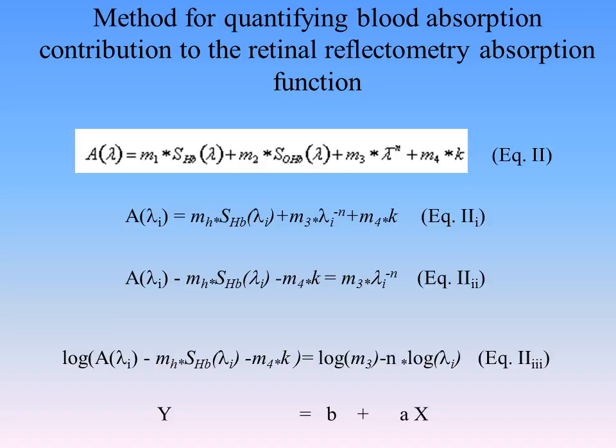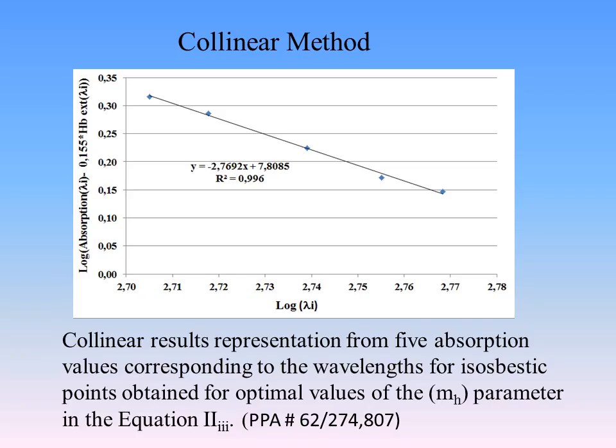Exactly. The A here, representing the slope, is exactly the n parameter from the equation. This is a representation of this equation, where here we have the logarithm of absorption minus 0.15, a parameter that we modelize to obtain a line.